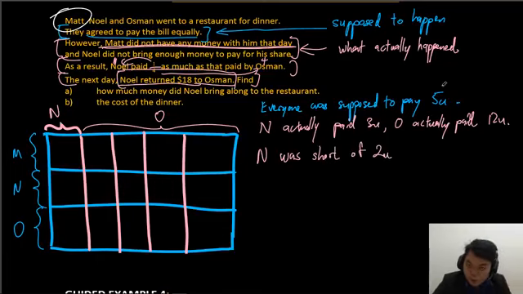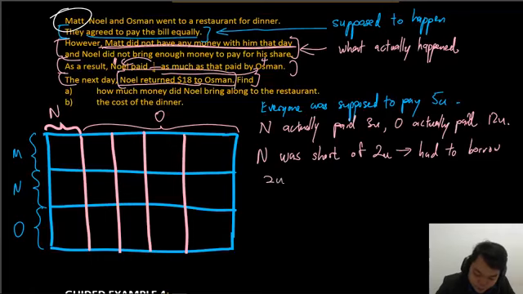Correct? He was supposed to pay 5 units, he only had 3 units of money. So he was short of 2 units. Therefore, he had to borrow 2 units worth of money from Osman.